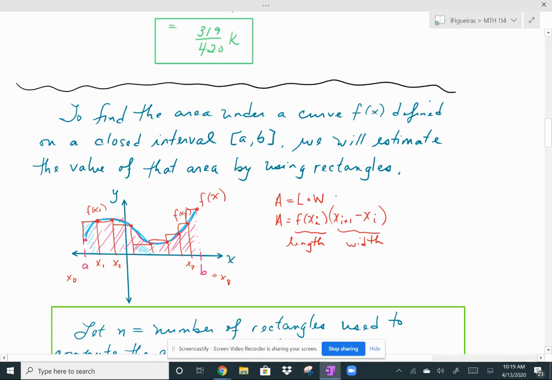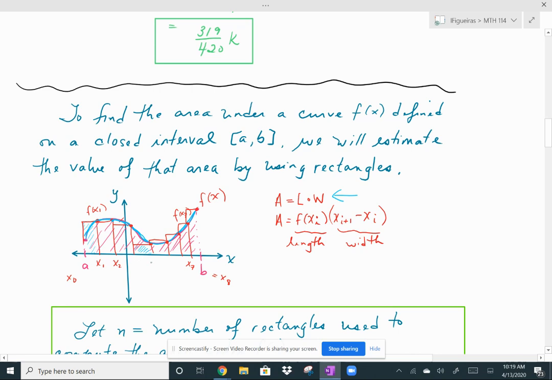Remember that we're going to be using this formula since we're using rectangles: the area of a rectangle is length times width. In terms of our problem, you need the function value, which are all these points here. That will give you the height or the length of the rectangle, but your width is based off the difference of two consecutive x values.